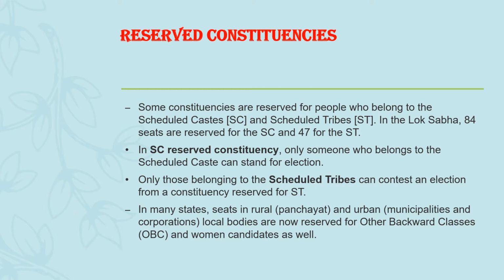Likewise, only those belonging to the scheduled tribes can contest an election from the constituencies reserved for scheduled tribes. In many states, students, seats in the rural and urban local bodies are now reserved for the other backward classes and women candidates as well.